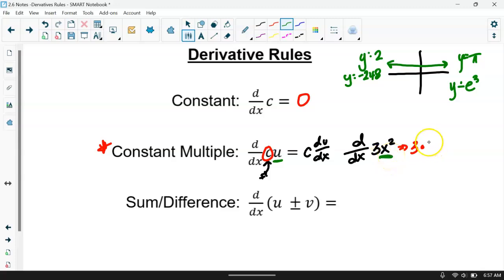The derivative is 2x, because we take down our exponent and subtract 1, then multiply. So our derivative would be 6x. We've already done this with our power rule lesson, just now putting the rule with it. So constant multiple.